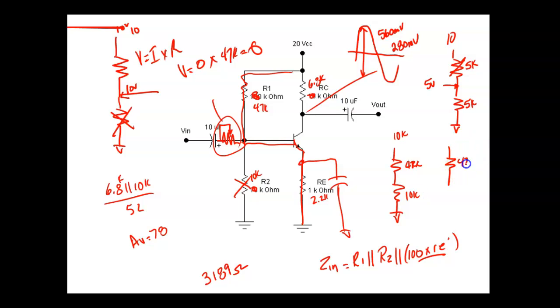It went to 47K to beta times the emitter resistor. It went from 47K to 220K, because that resistor in the emitter junction is seen as times beta. We've already seen that on the screen.